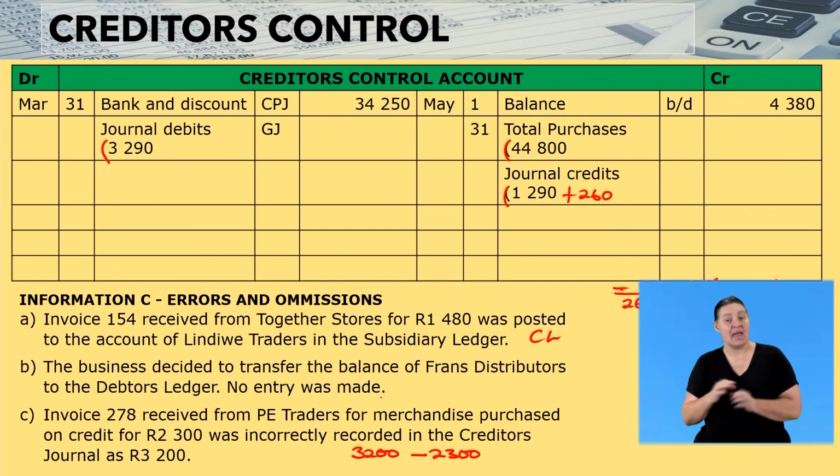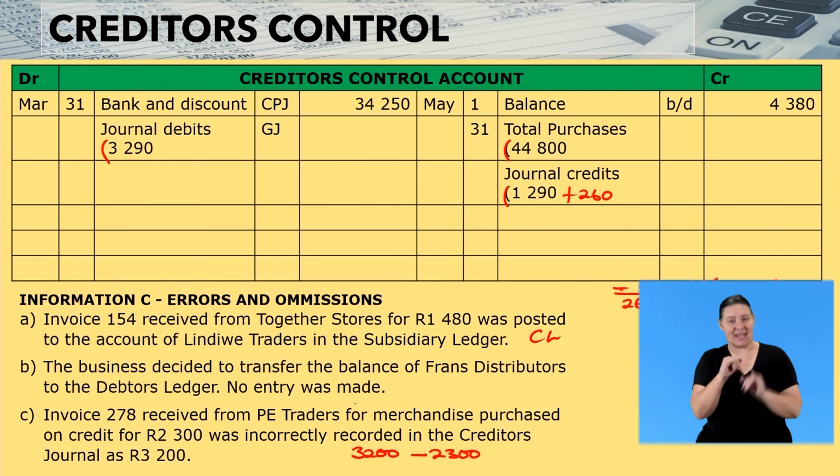So I want you now to punch 3,200, and then minus 2,300. You get your difference, which is 900.